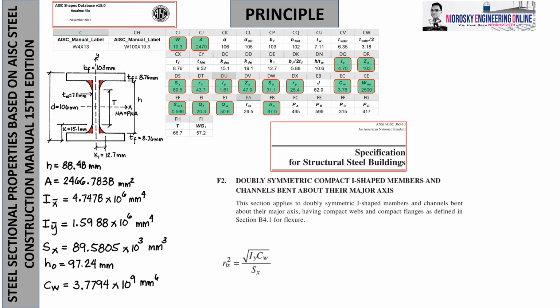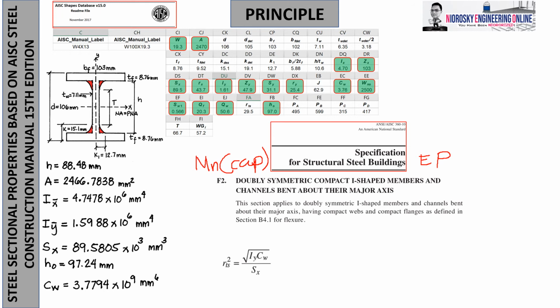R sub TS is used in F2, which discusses the computation of the nominal moment capacity. There is a relation to the actual moment, and there is also the elastoplastic correlation, which was discussed in the one by video lecture.